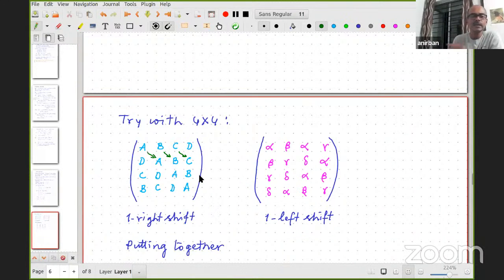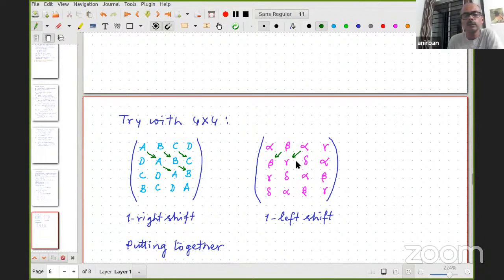So it's just cyclic as it was in the 3 cross 3 case. All these are moving one block to the right, and here we are moving one block to the left.